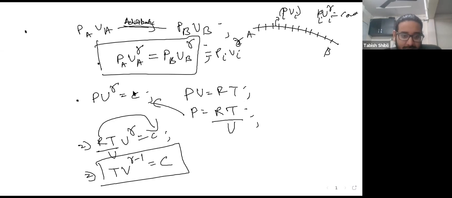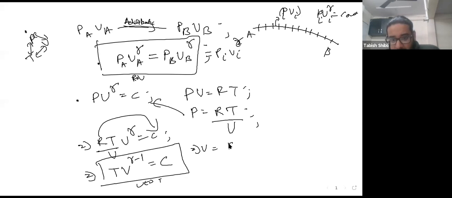And the third thing that you can have, so you have P, V and T, so you can have a PV relation, you can have a PT relation, and you can have a VT relation. So this is the VT relation, and this is the PV relation. And the third one would be the PT relation if we substitute V from this equation here. So what would that entail? This implies that V is equal to RT divided by P. Let's substitute it back. What do you have?